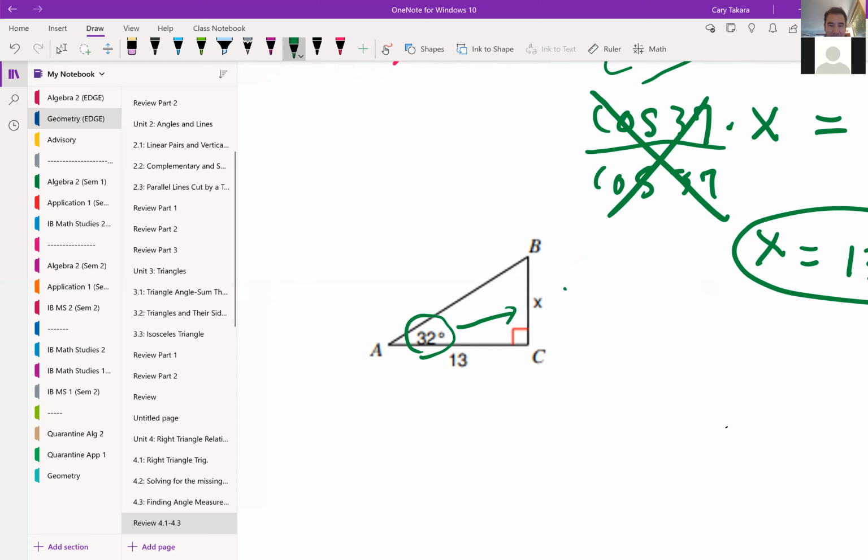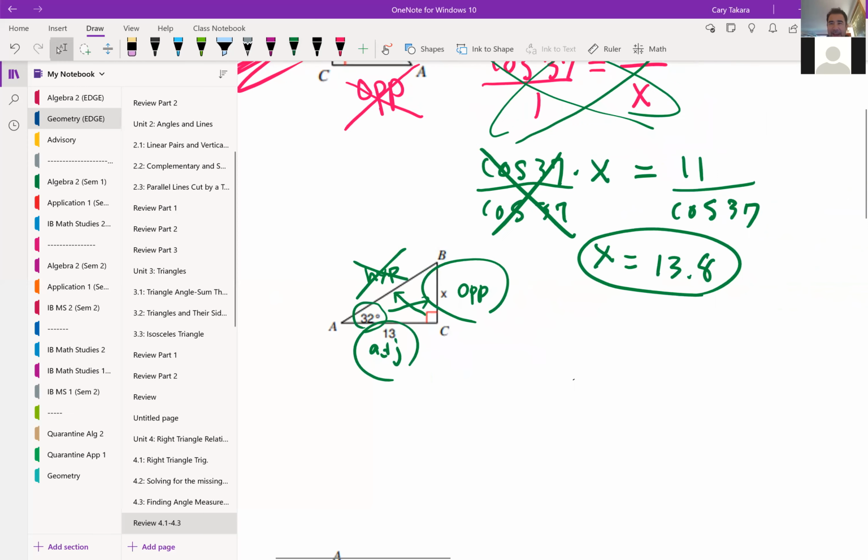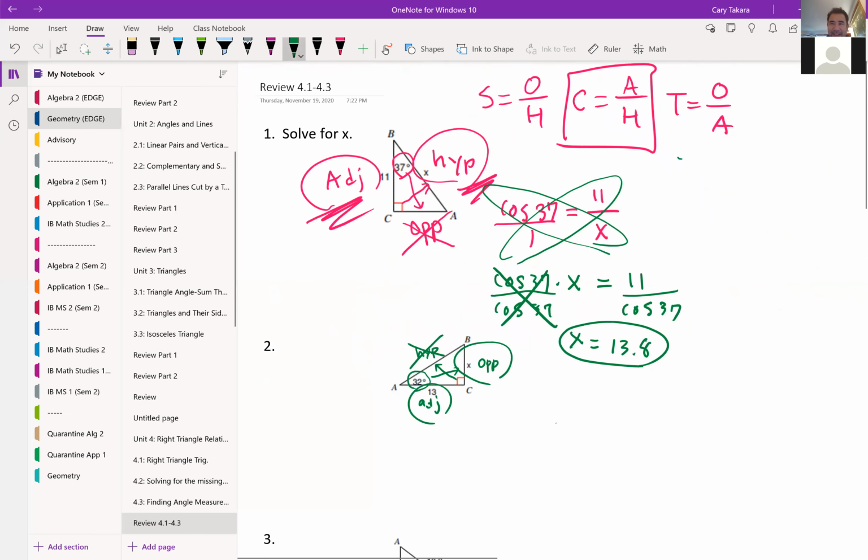So here's the opposite. Hypotenuse is always across from 90 degrees, and there is nothing on the hypotenuse, so I'm just going to cross it off, and then we've got adjacent. So we've got an opposite and adjacent combination. That's a tangent problem, isn't it?